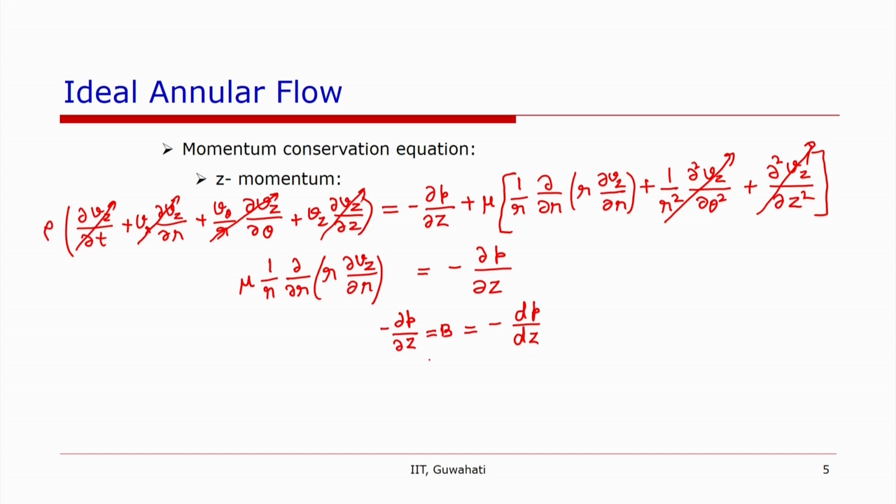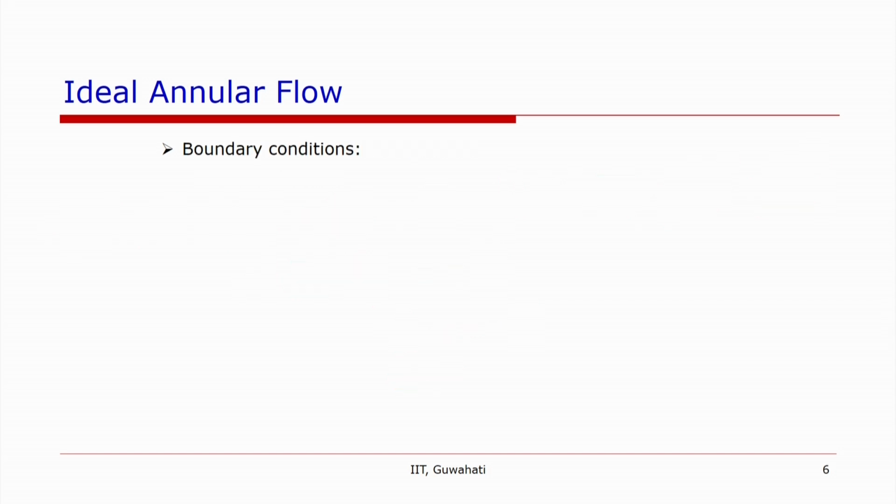And for Vz we will write V only from now onwards for convenience. Okay, so we can write this equation later on for both the phases.